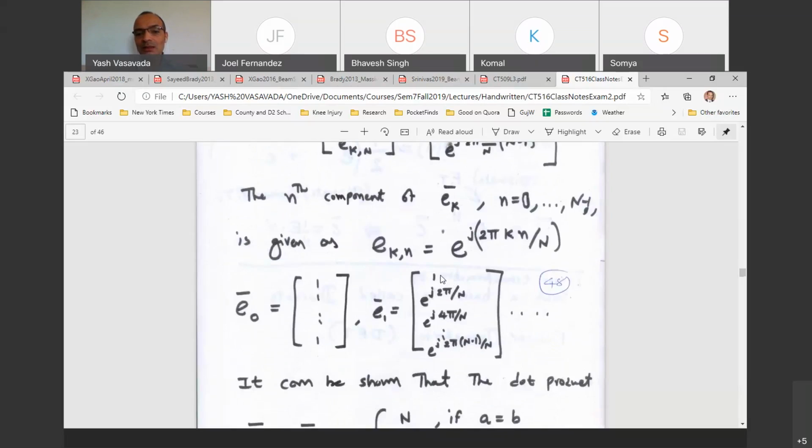We can apply the same matrix capital E, which is the DFT matrix, to the antenna array also.